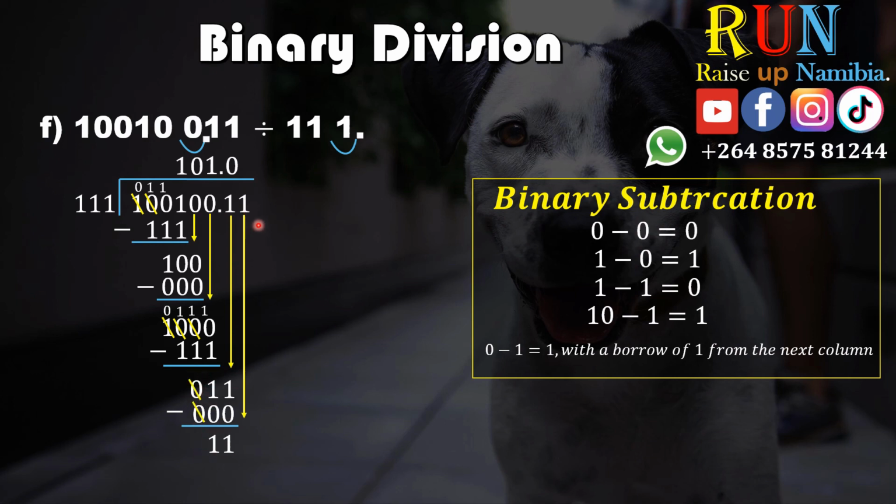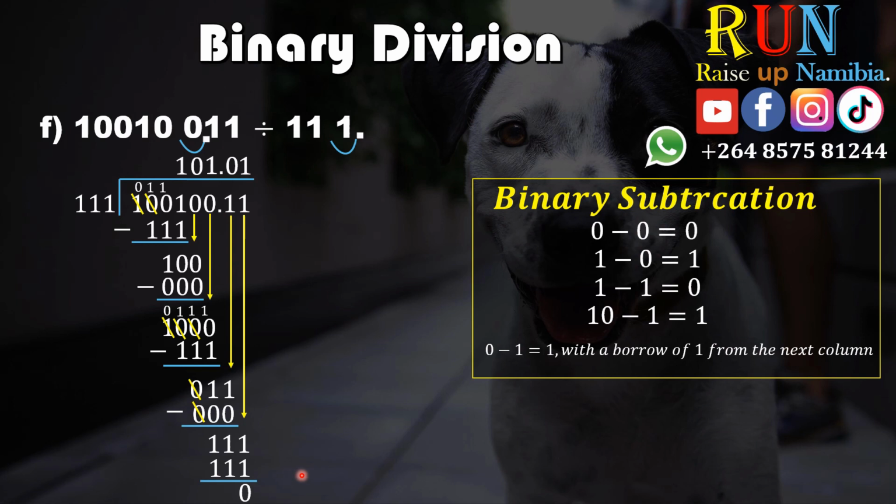We move to the next column here. We bring down the next digit, which is 1. Ask yourself again, can it be divided into this 111? Yes. If the answer is yes, we write down what here? We write down a 1. And basically, we take that 1, we multiply it into 111. What answer do we get? We get 111.